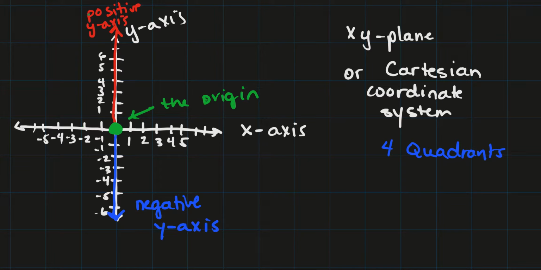So these are all the pieces of the graph you want to know. Your quadrants, quadrant 1, 2, 3, and 4, which go in a counterclockwise fashion. And then the pieces of your x and y axis, the positive x-axis, the positive y-axis, and the negative x-axis and the negative y-axis. So make sure you know all of those pieces.